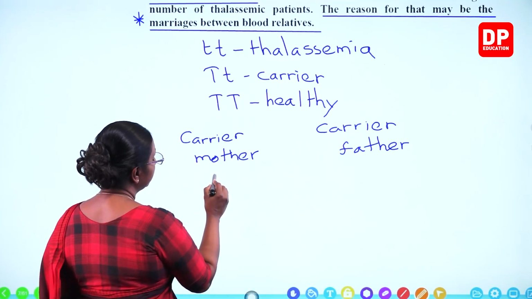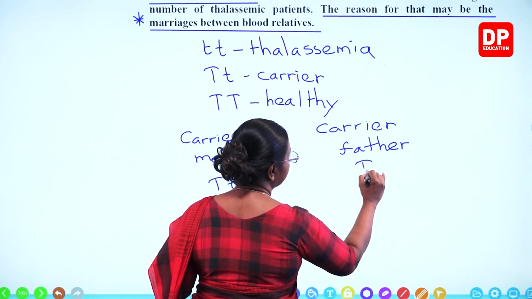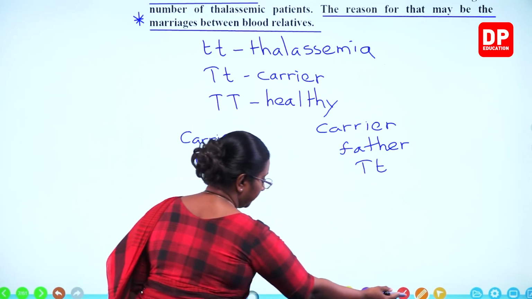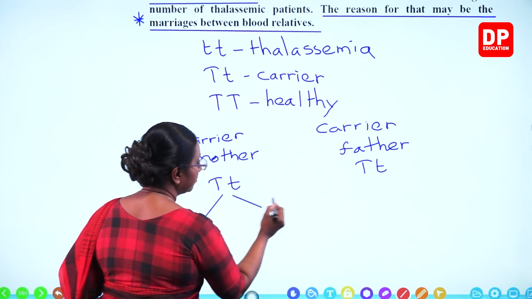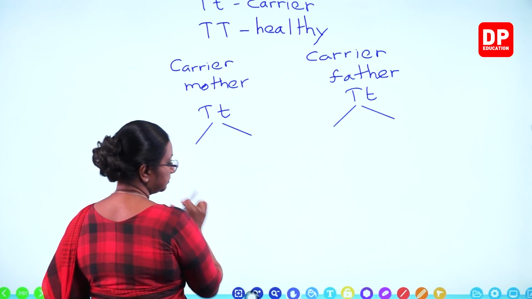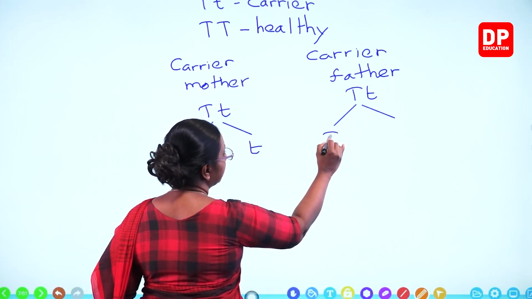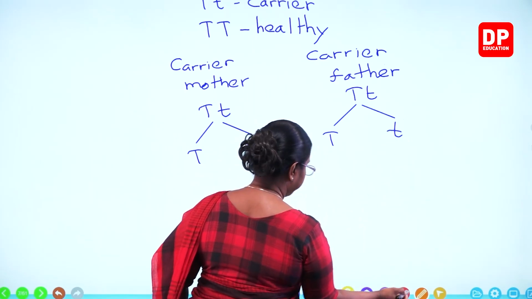So, here, if both are carriers, capital T, simple t, capital T, simple t. So, the genes are going to be like that. That's also capital T, simple t, capital T, simple t.